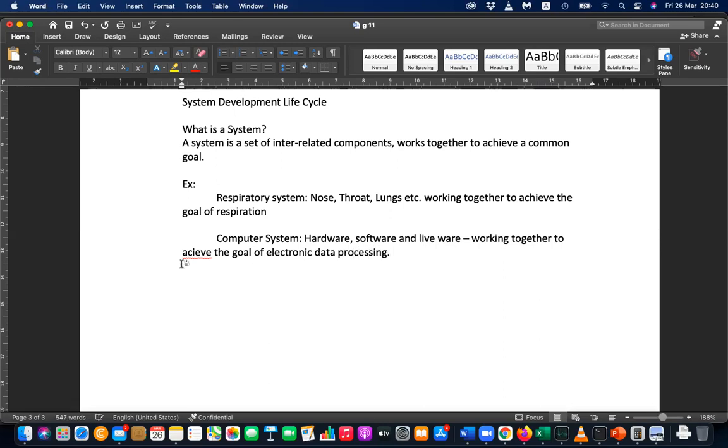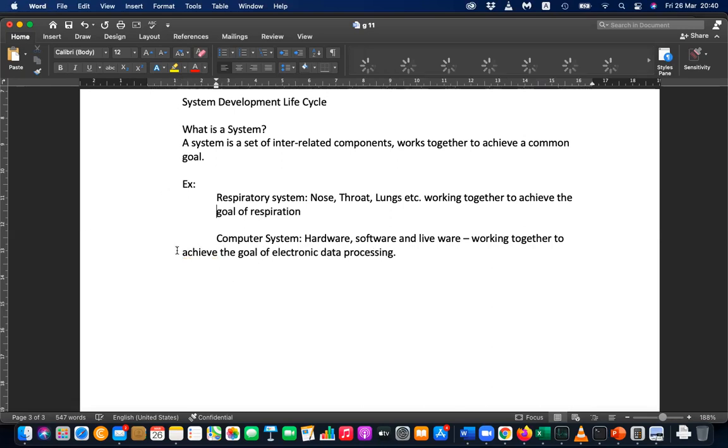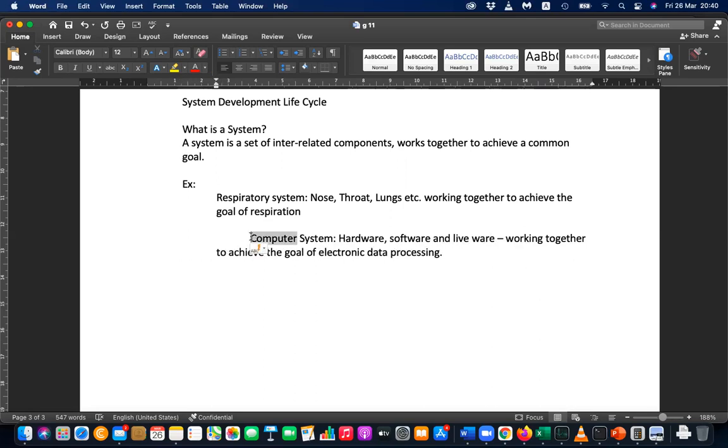Here, this is a theoretical lesson, so you have more notes. Unlike the previous one, where we did some practicals, here you have to write some notes under the second chapter. Hardware, software, and liveware are the components working together to achieve the goal of electronic data processing, or producing information using data. Okay, please write down these things.